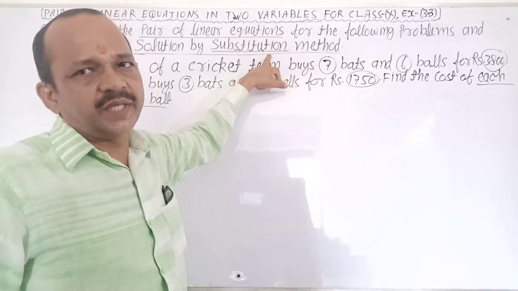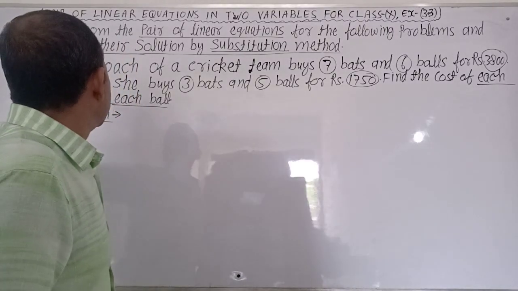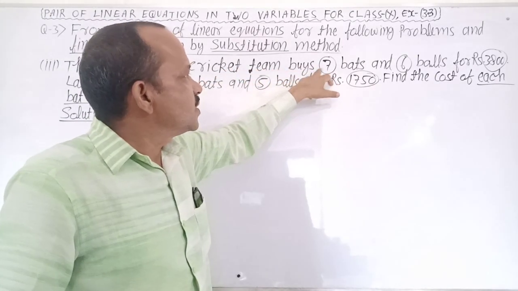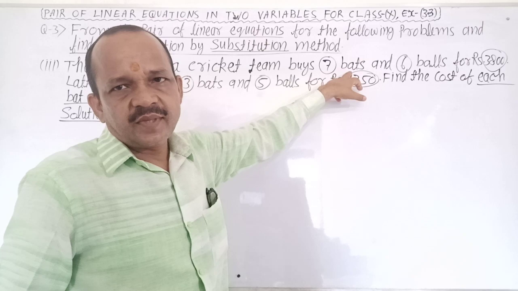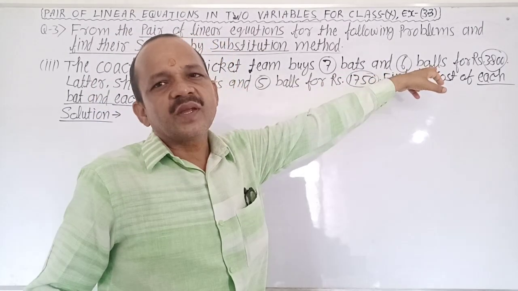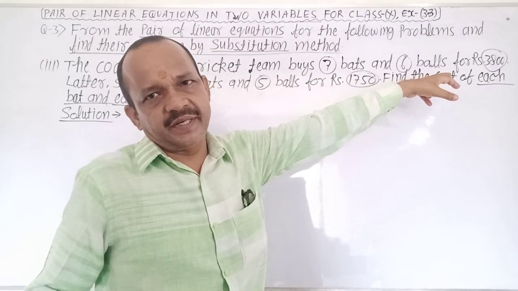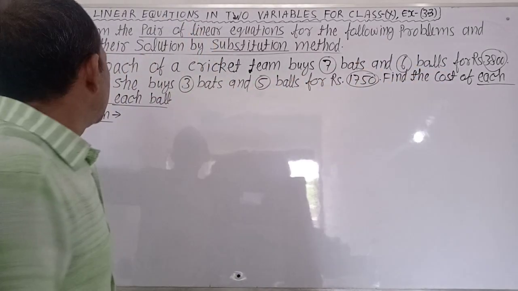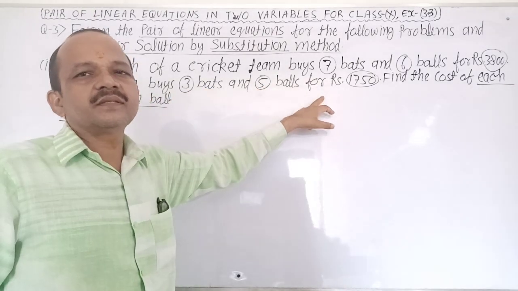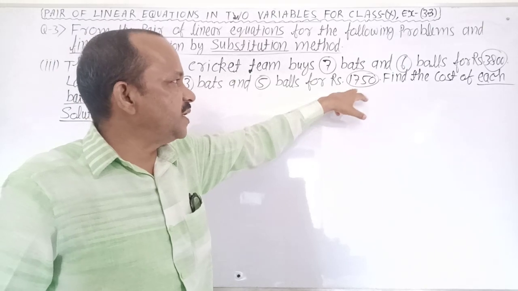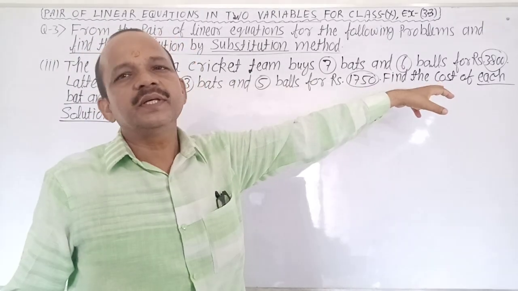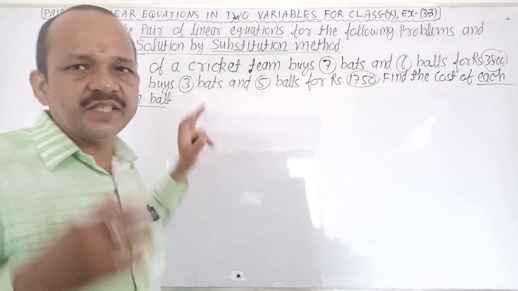Third, the coach of a cricket team buys 7 bats and 6 balls for Rs 3800. Later, she buys 3 bats and 5 balls for Rs 1750. Find the cost of each bat and each ball.